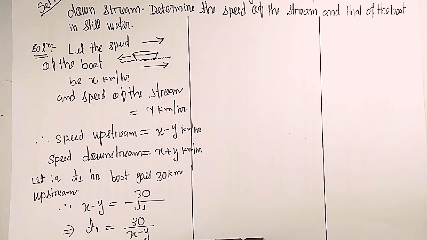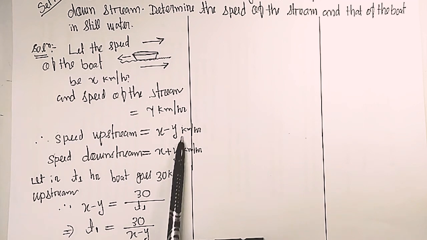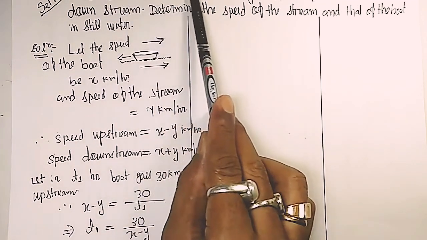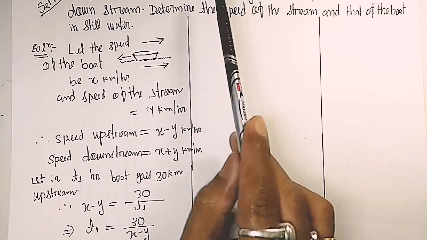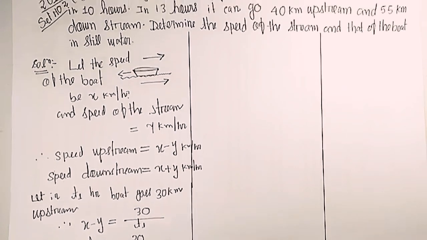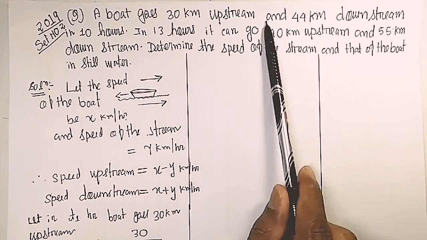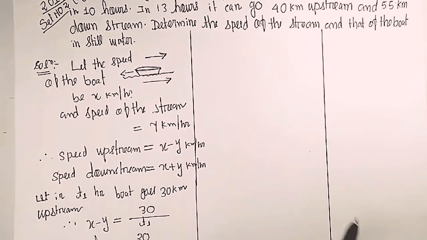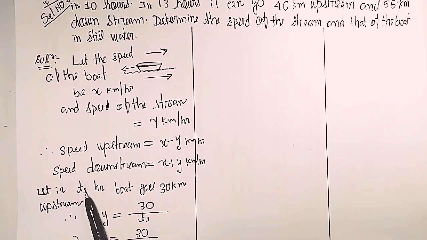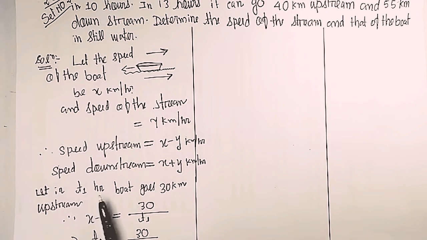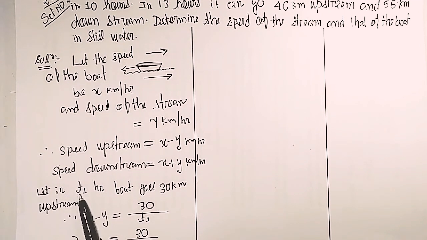So till this step all of you have understood. It's very easy, don't be confused. Speed upstream is x minus y kilometer per hour, and it is given the boat goes 30 kilometer upstream. That means to move 30 kilometer upstream, suppose it takes T1 hour.